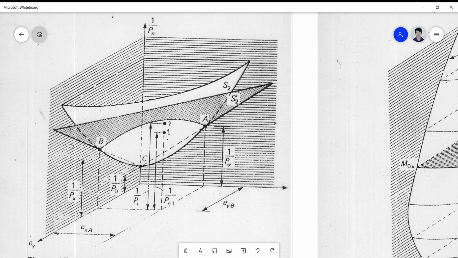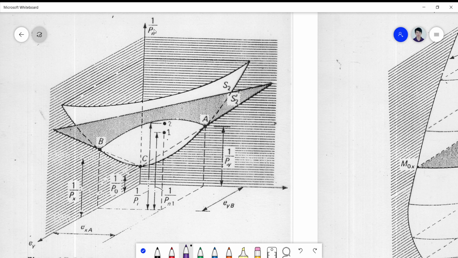So he tried to assume a flat surface, which is the surface S prime 2 instead of S2. That makes it an approximate method, and it also makes the method very erroneous when your Pn is small.